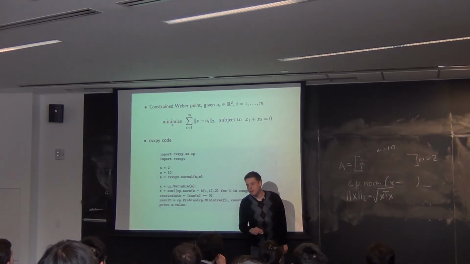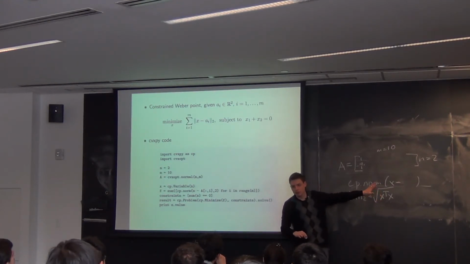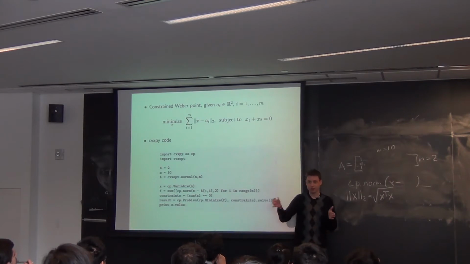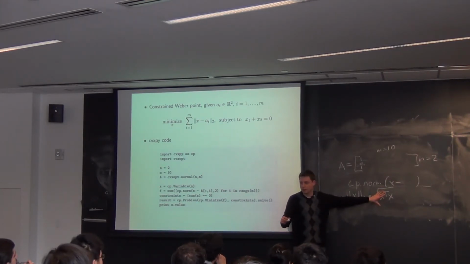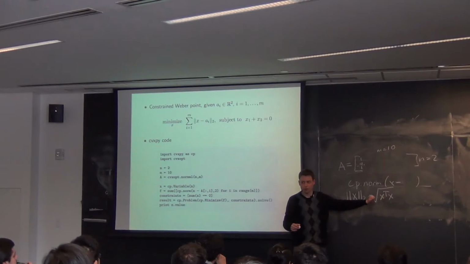Now, it is not that easy to verify this is convex by standard rules. For example, the square root is not a convex function, right? Square root is actually a concave function for x greater than 0. So if you just plug in cp.sqrt and then this thing squared or something like this, that might throw an error too. In fact, it will throw an error as well. Don't worry about that now.